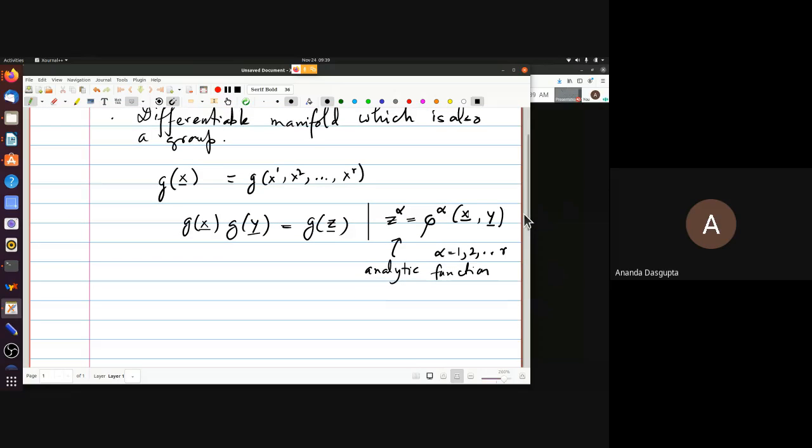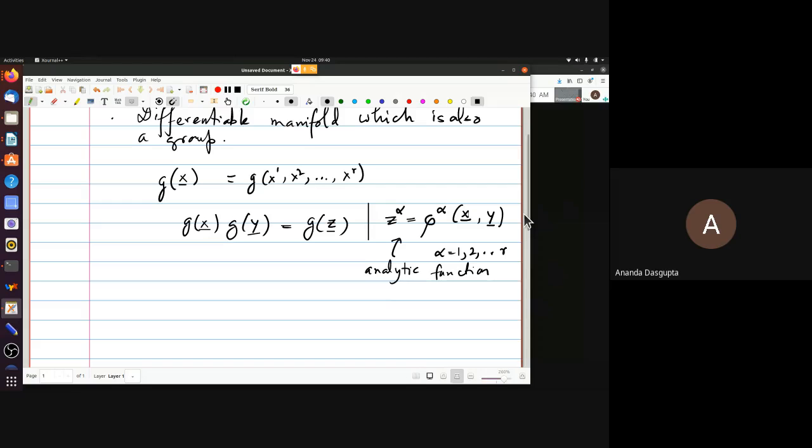So that's one half of what you require in a Lie group. If you forget about the differential manifold structure and all the background, what you would say is, I have a bunch of real parameters x1 to xr. The parameters help us to label a group element. And of course, if you compose group elements together, you're going to get a new group element. So the parameters of the new group element will depend on the parameters of the original group elements that you're composing.